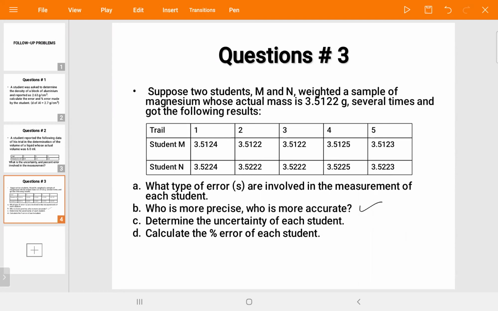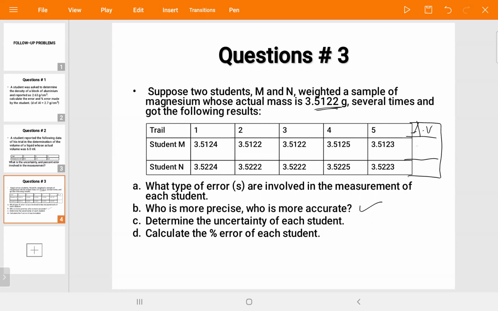Student M is more accurate. How did you do this? By comparing with the true value. But first, what did you do? You calculated the average value. Exactly, average value, and then compare it to the actual mass or true value.